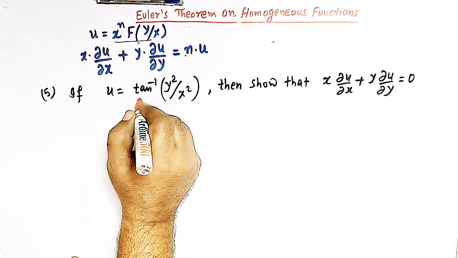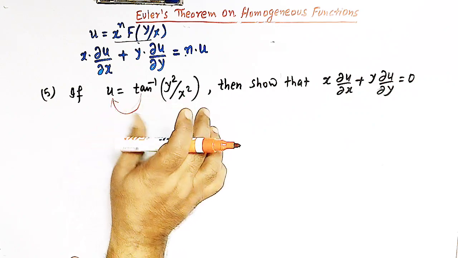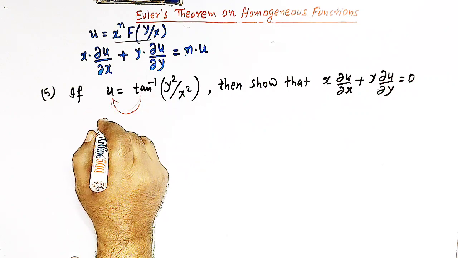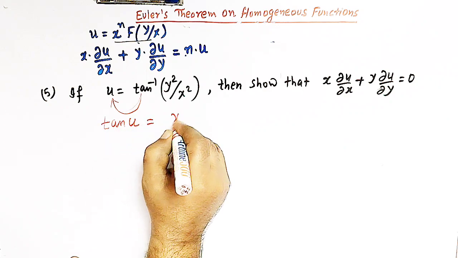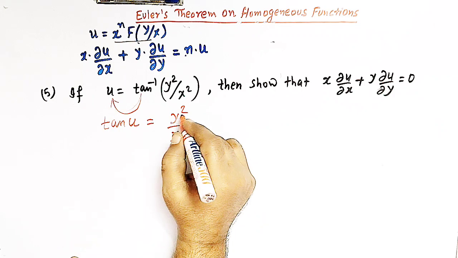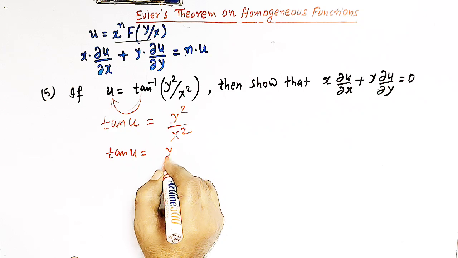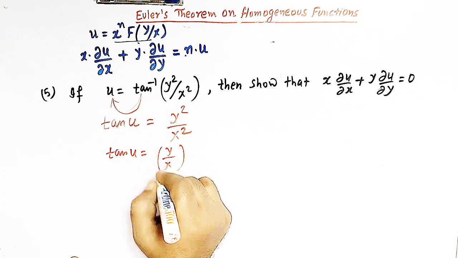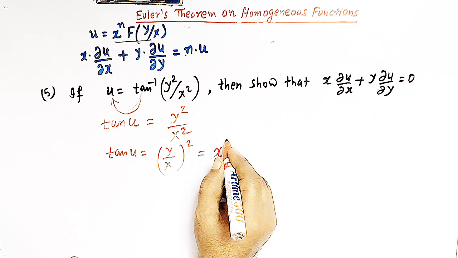We can take tan inverse to the left hand side. So we can now write this expression as tan of u is equal to y square over x square, right? And we can further write tan u is equal to y over x square, and which can further be written as x raised to 0.